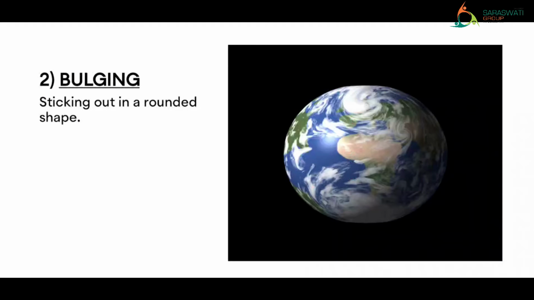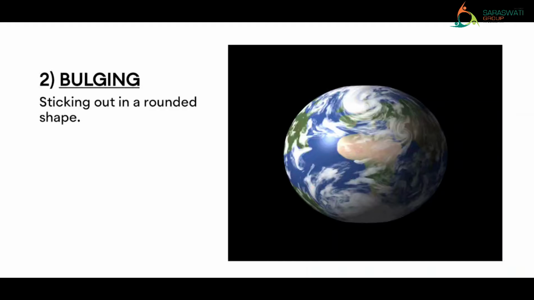Next, bulging. Bulging means sticking out in a rounded shape. See, in the picture you can see the model of the earth, a globe, but from both the sides, that is east and west, it is a bit more bulging, not exactly round, a bit bigger than the normal, so that is called bulging.